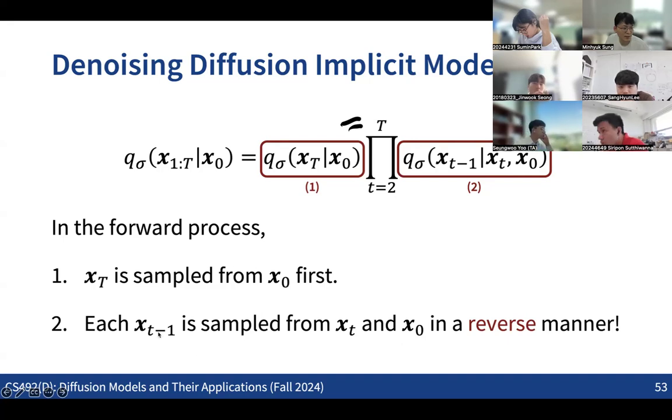Basically sampling xt minus 1 from both xt and x0. So even for the forward process, the sampling becomes reverse: starting from x capital T, sampling each xt minus 1 from both xt and x0. Right. So this is the new forward process, which is defined with this specific conditional distribution sampling xt minus 1 from xt and x0.